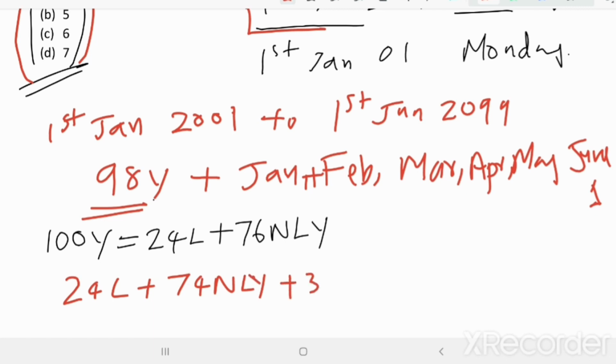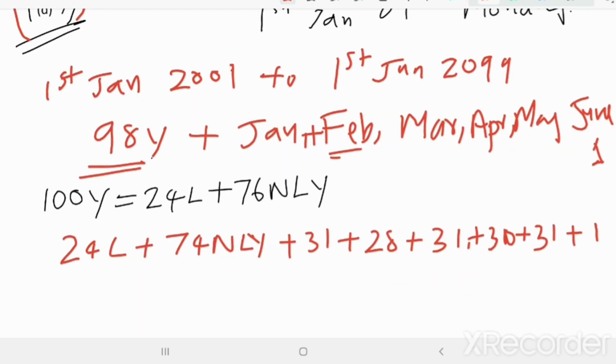Then in January there are 31 days. February 2099 is a non-leap year, so 28 days are there. March 31 days. In April there are 30 days. In May there are 31 days. In June we have to find the 1st June 2099, so only one day.